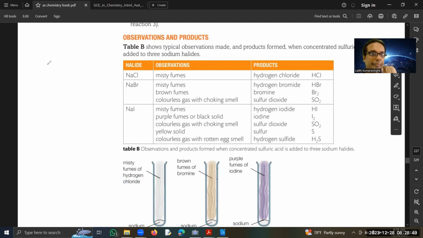sulfuric acid is diprotic. Diprotic means it can give 2 H plus ions. But in this reaction, it will react in 2 steps.